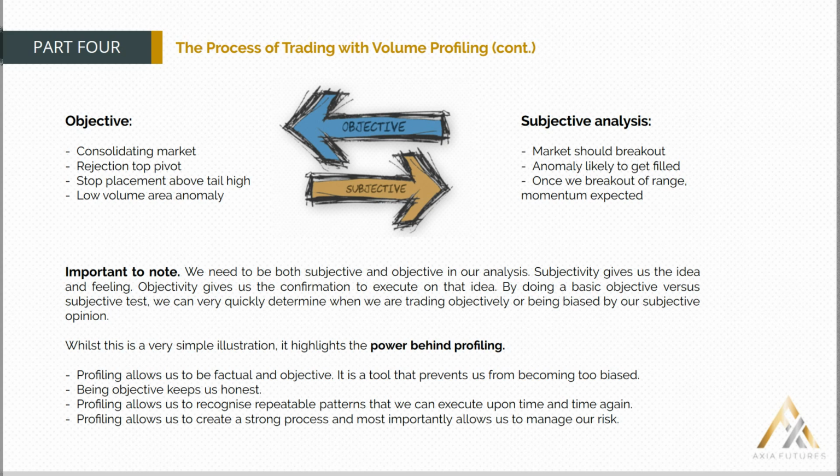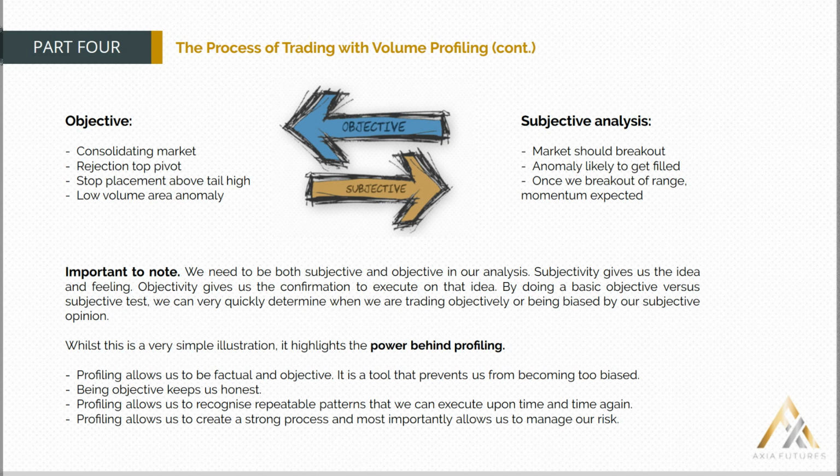Then, a rejection top is a pivot. Again, we know that when there's a tail in the market, it tends to very quickly auction away from this point. Noting that this is a pivot and a very important area in the market is again being very objective, and this will allow us to remain in an objective state of mind. The stop placement above the tail high.